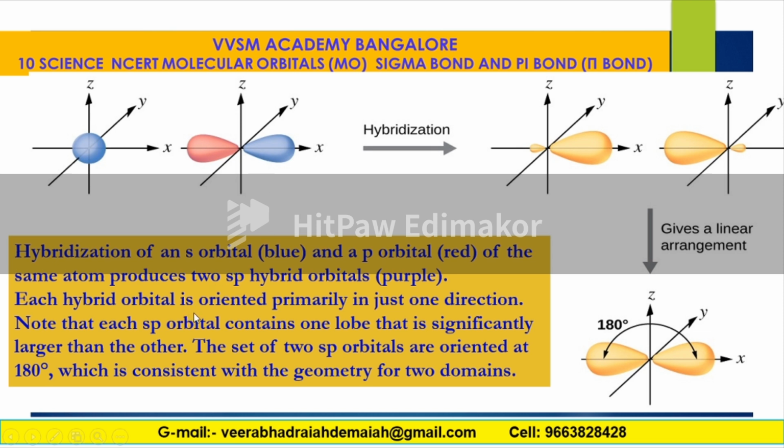So each hybrid orbital is oriented primarily in just one direction. Note that each sp orbital contains one lobe that is significantly larger than the other. The set of two sp orbitals are oriented at 180 degrees, which is consistent with the geometry of two domains. This is 180 degrees. This is linear.